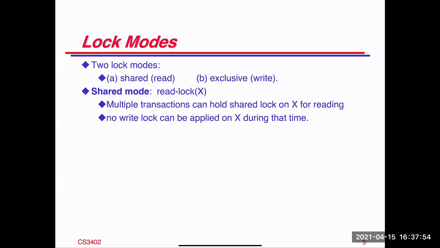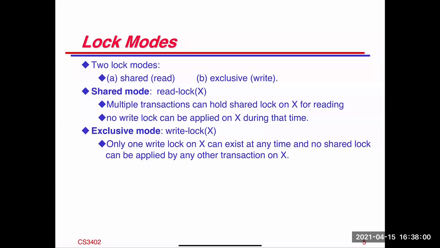But no write lock can be applied on X during that time, because a write lock is an exclusive lock. If we execute write lock of X, then we're in exclusive mode, and no other transaction can hold a lock on X at the same time. In fact, if some other transaction is already holding a write lock or a read lock on X, then I will be blocked when I execute write lock.